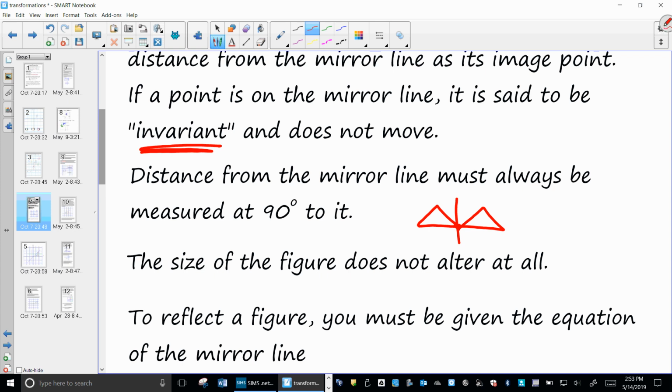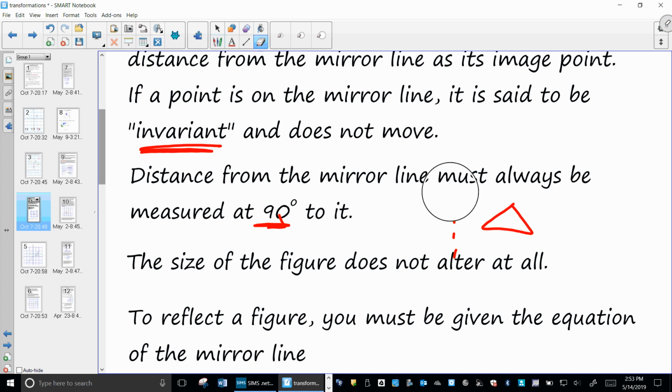Now, whenever we are measuring distances from our mirror line, I say this and some people are, oh, right, okay, so then they completely forget when it comes to it. Your distances have to be measured at 90 degrees to that. Now, for the majority of questions, as I said, here's my shape, there's my mirror line, well, that's nice and easy.